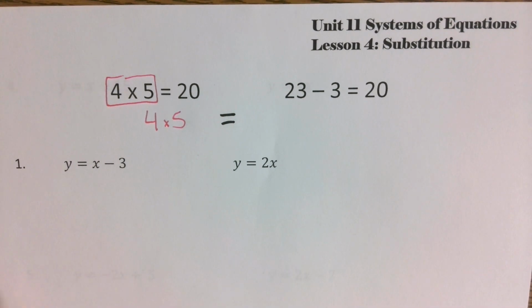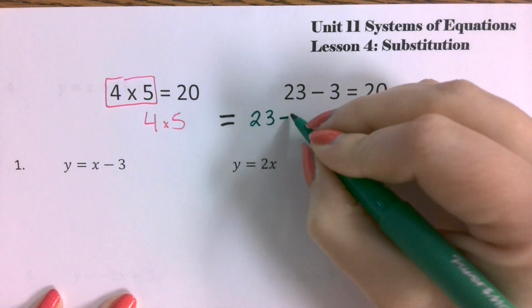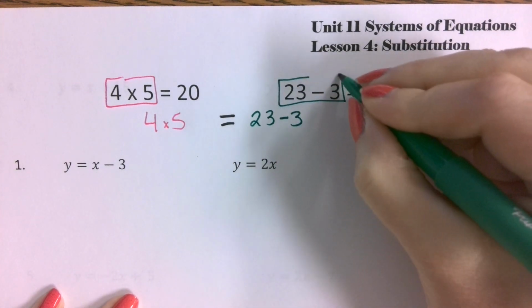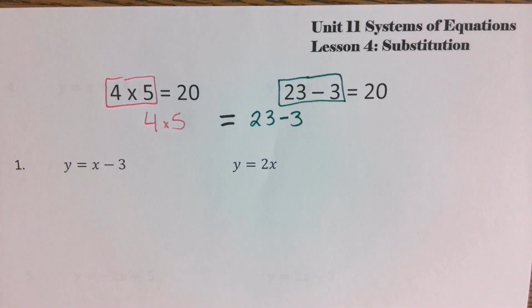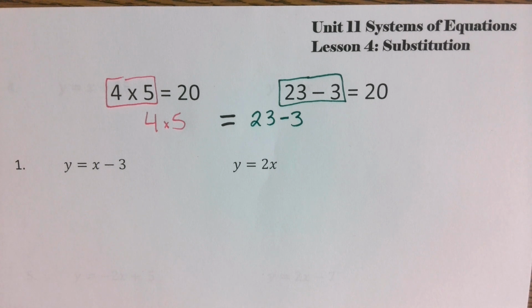So I can actually say that they're equal to each other, because they're the same exact value. They both equal 20. So there's many different ways that you can work a problem out to solve for the exact same value.